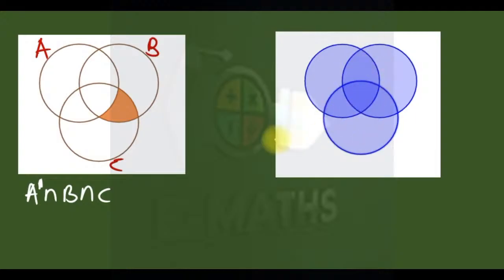This one means elements in all, like union. So this is A union B union C. If we label this as A, B, and C. So finally, this is the opposite of the other one.